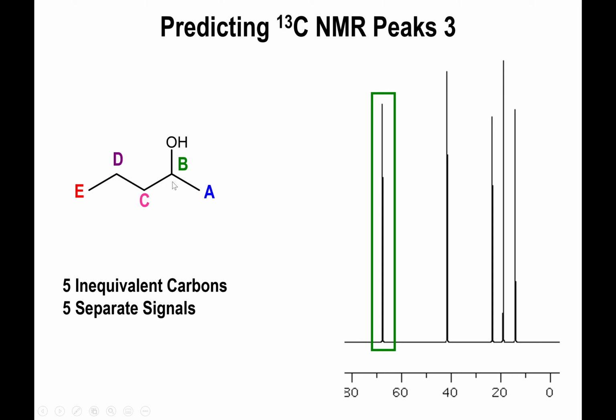So this will tell you that carbon B right here ought to be the one that's farthest downfield because it's directly bound to a really highly electronegative element. And then that means that A and C, which are next door to that carbon that bears the hydroxyl, ought to be the next set of carbons that appear in the spectrum, so the in between. So this peak and that peak are probably A and C. We're going to figure out which one is which.